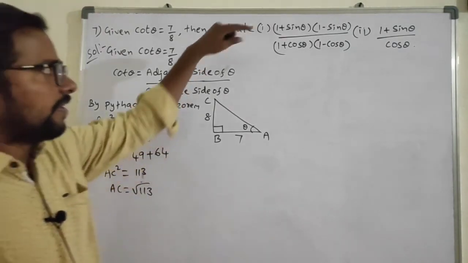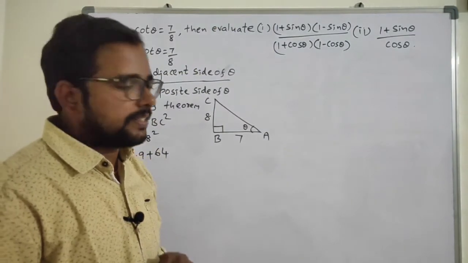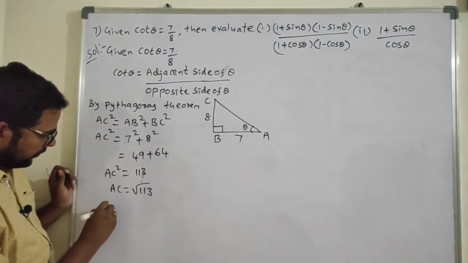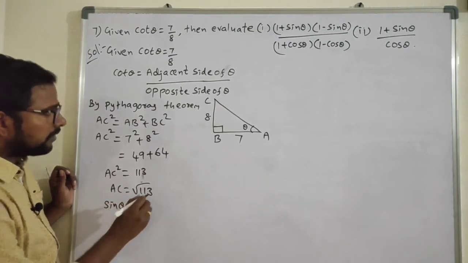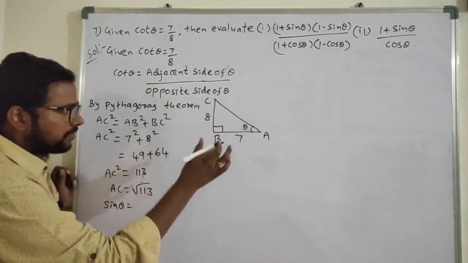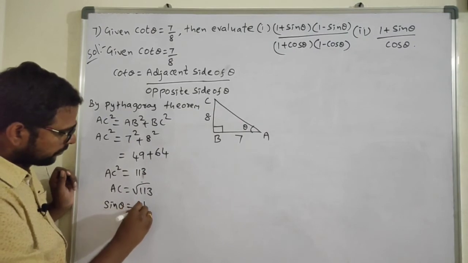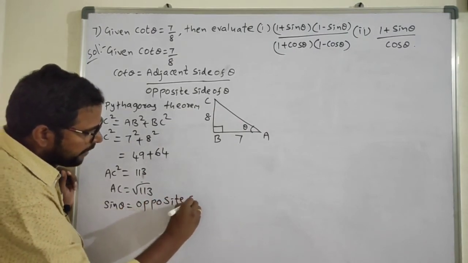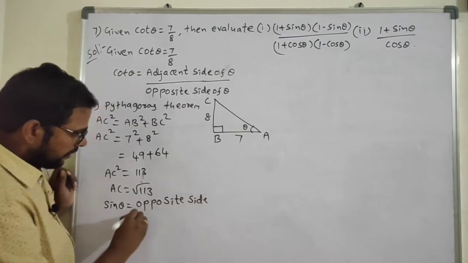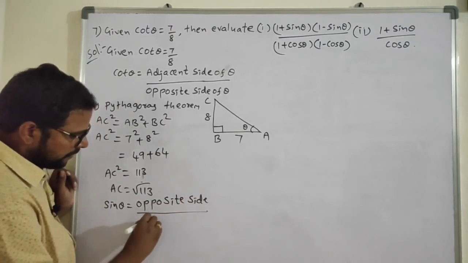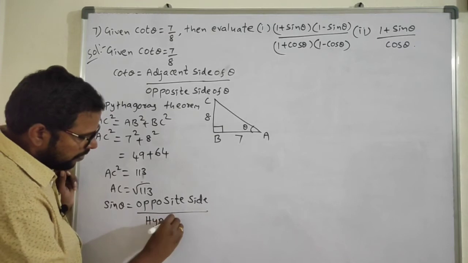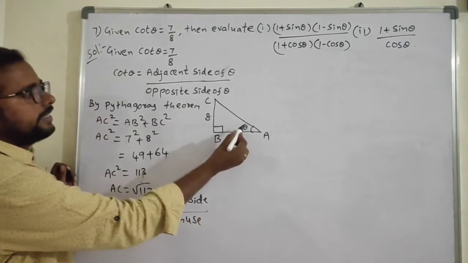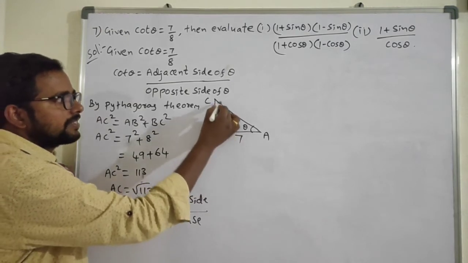Next let's find the sin theta value, and next the cos theta value. So sin theta is equal to opposite by hypotenuse. What is the opposite side? The opposite side of theta is BC, and hypotenuse is AC.